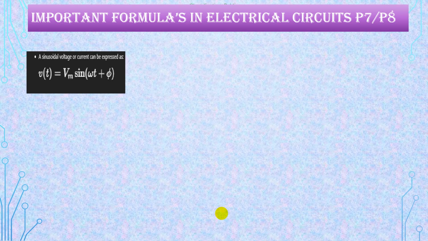Now, when the voltage starts from one point, does the current start from the same point, or is it shifted somewhere? That is called your phase angle. In phase means both start at the same point.